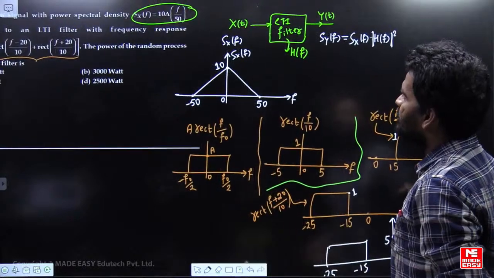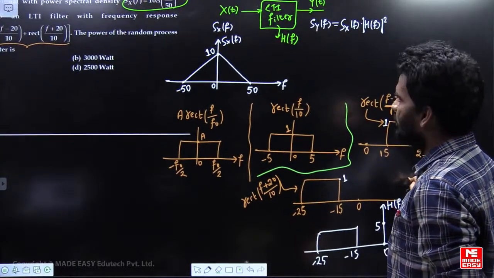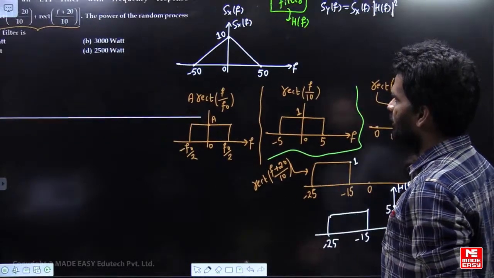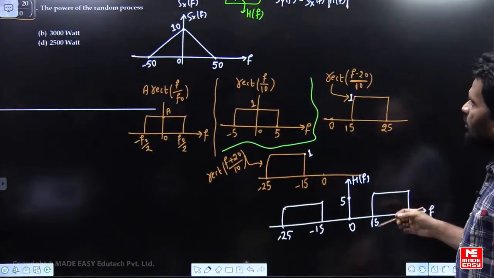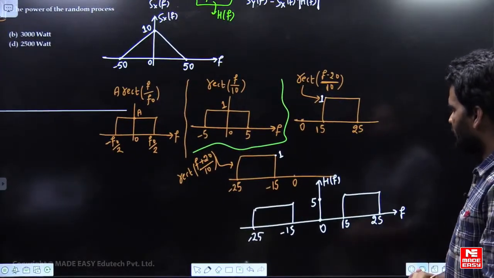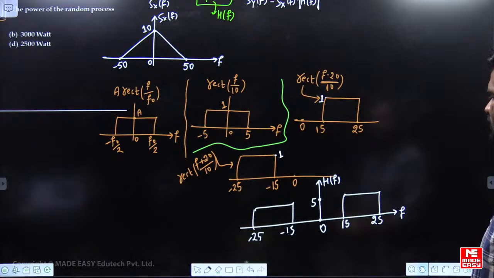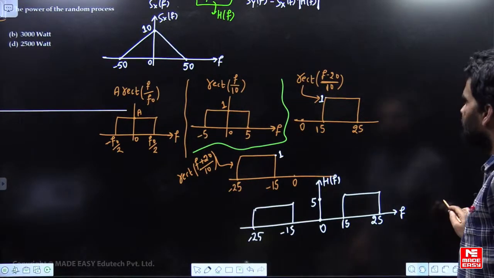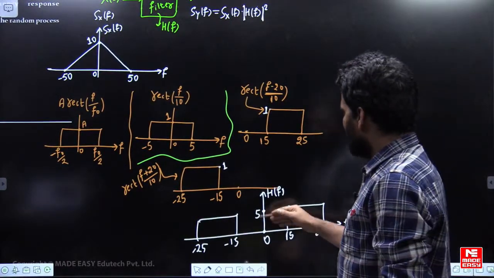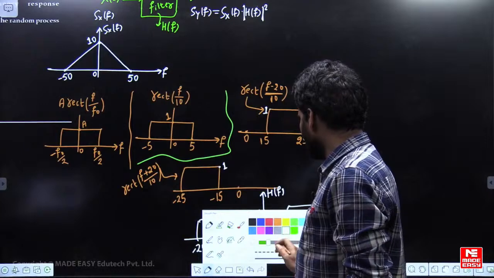If you see mod HF square, if you do this, you will get 25.